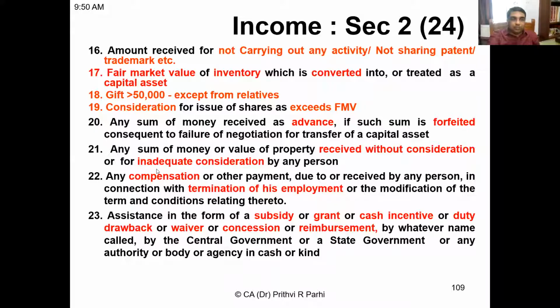Sir, can you repeat the question? The question is that, first let me show you the provision. Read this particular line. Point number 21. Any sum of money or value of property received without consideration or for inadequate consideration by any person. This is treated as income.